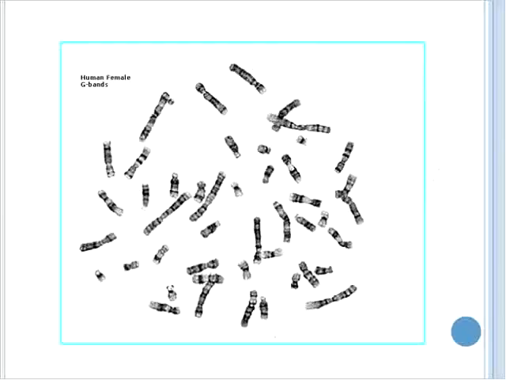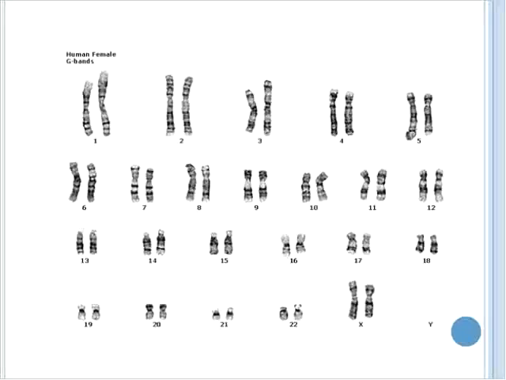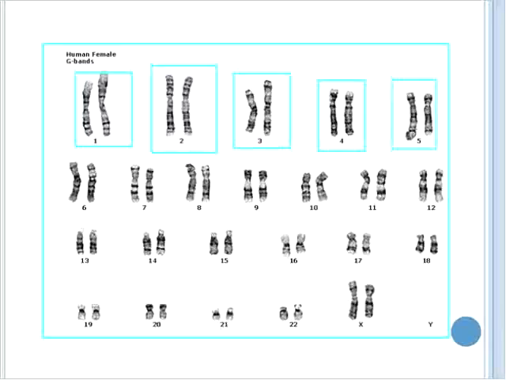Once the original picture is taken, as you see here, it is then moved around, paired up, to generate what you see here in front of you. Each chromosome is paired up according to similar size and banding pattern for each of the 22 pairs of autosomes.